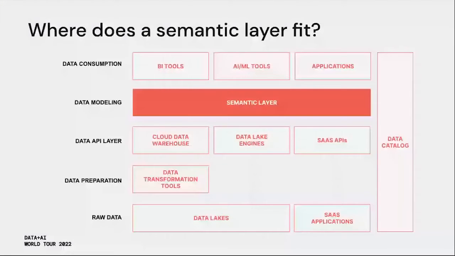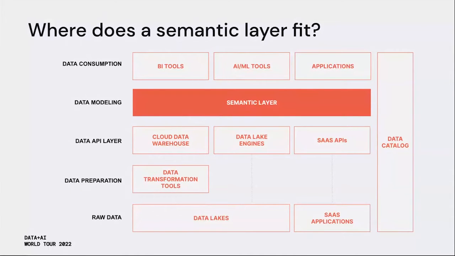So where does a semantic layer fit in the modern data stack? Well, you can see it fits really in between your data consumers and your databases or your data platforms. So let's just talk a little bit about the data consumers first. Well, there's three different categories of data consumers. There's your business users who are typically using BI tools like Tableau and Power BI and Looker.